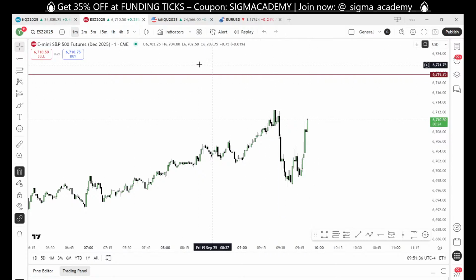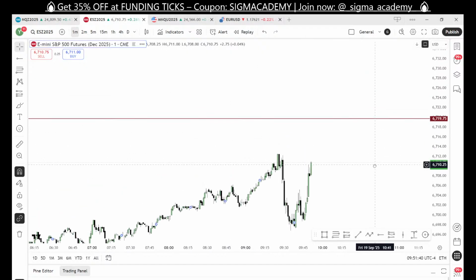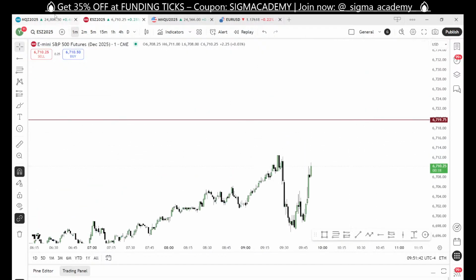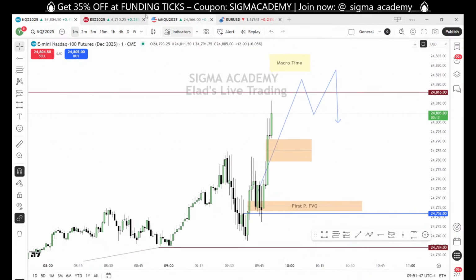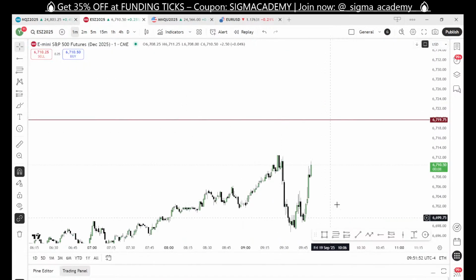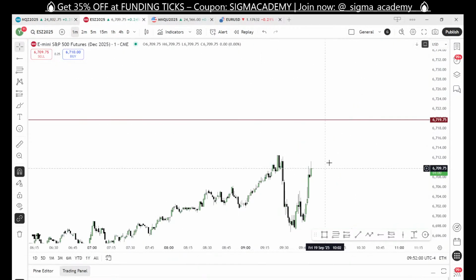Now a little bit of SMT. See? Let's see what happens. If the NQ reverses before the ES takes this high, we have an opportunity of an SMT.